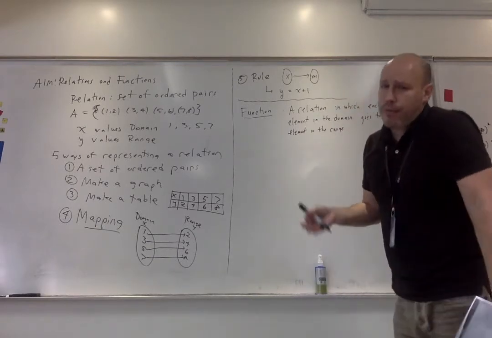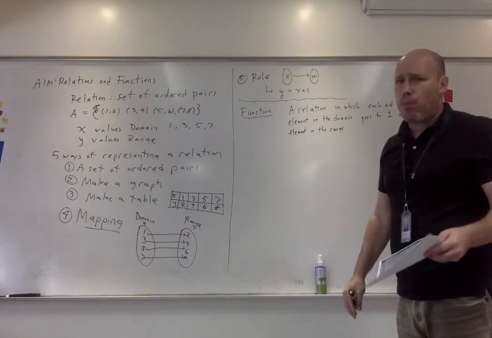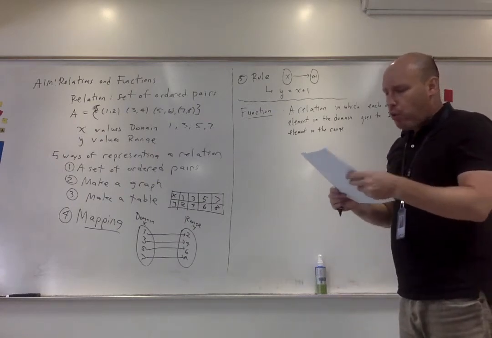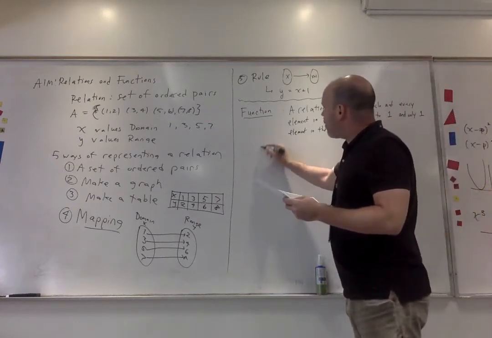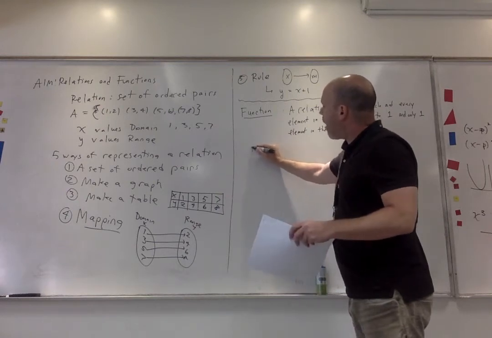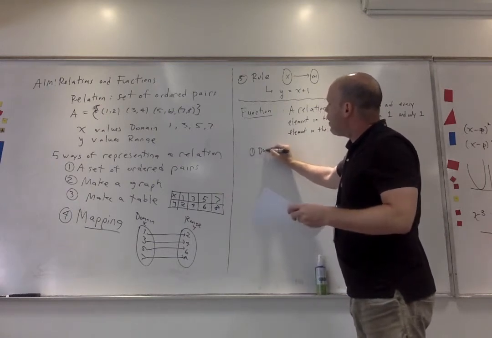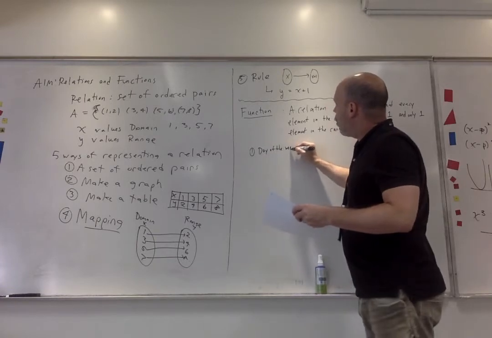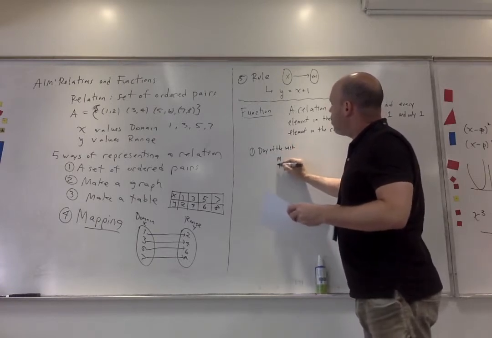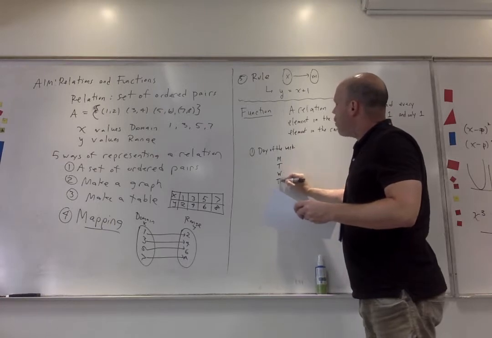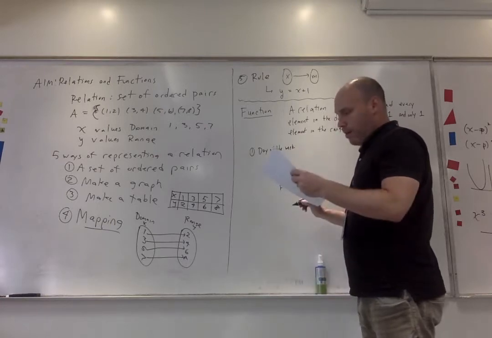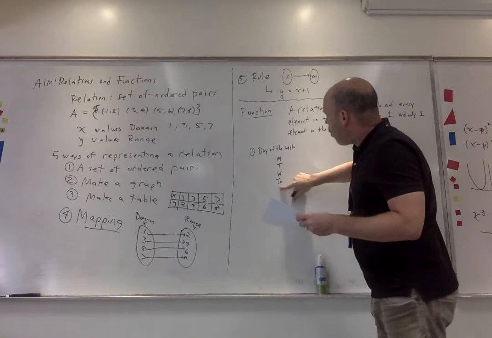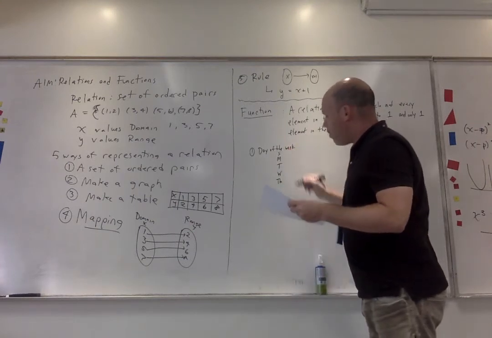So let's look at some real life examples of why this is important to us. So let's let our domain in the first example be the days of the week. Actually, I'm sorry. So let's make this Sunday through Thursday.